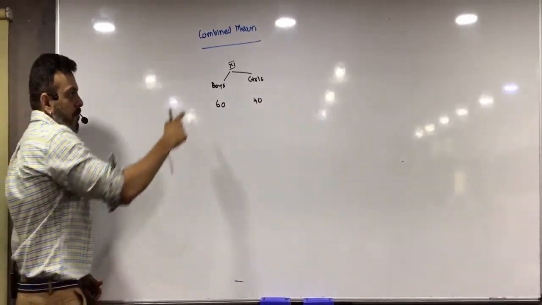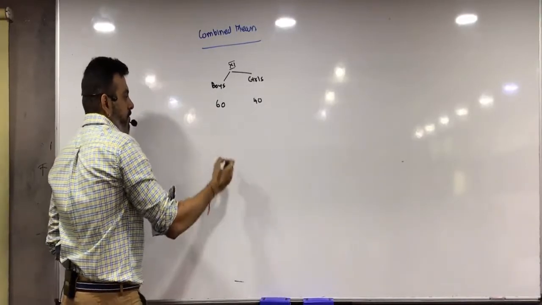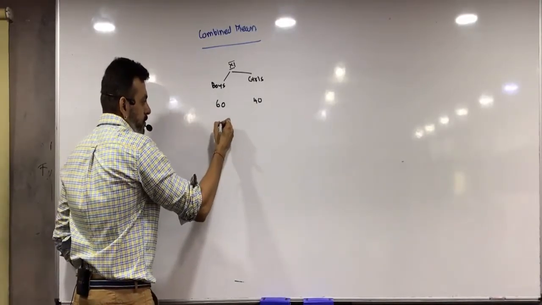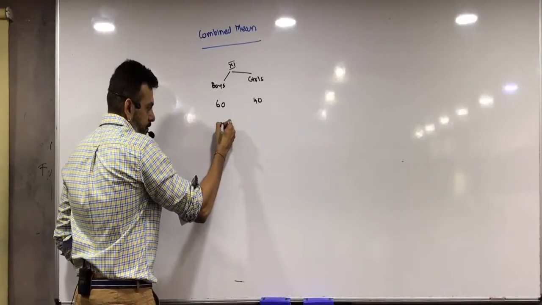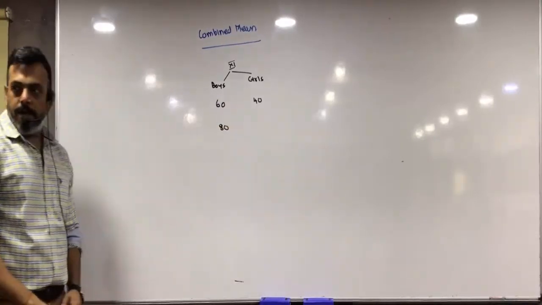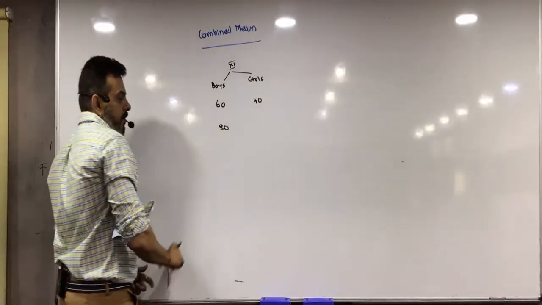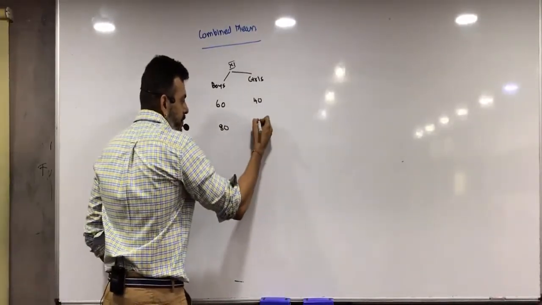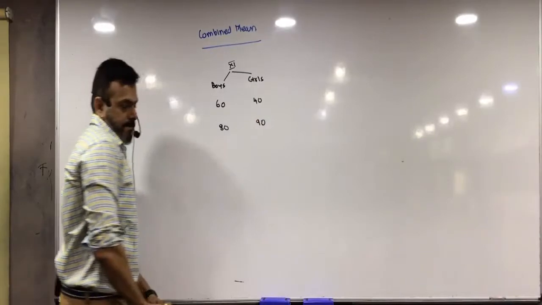Now, boys' average marks in maths was say 80, okay, and girls' average marks was say 90.